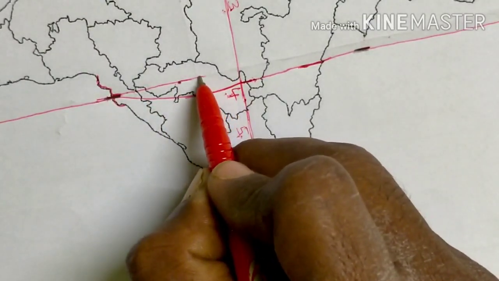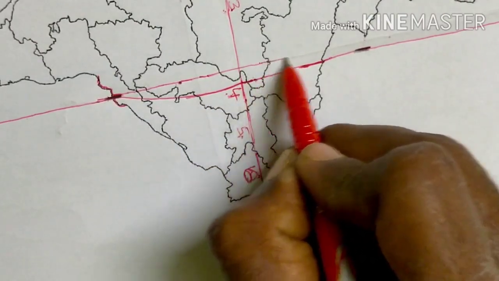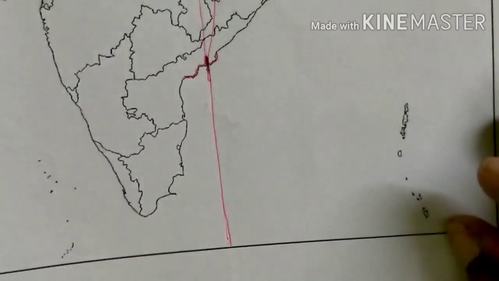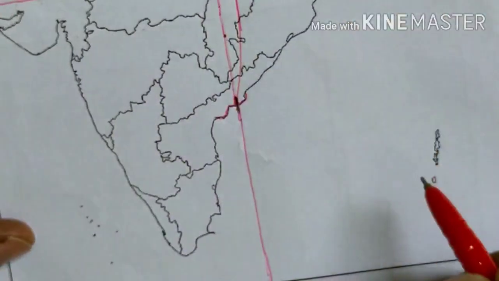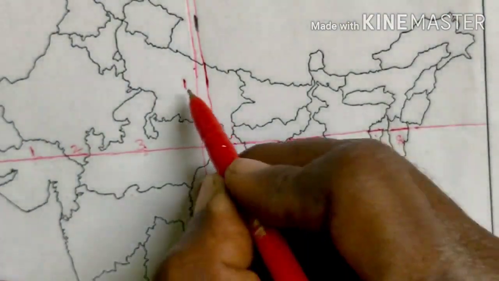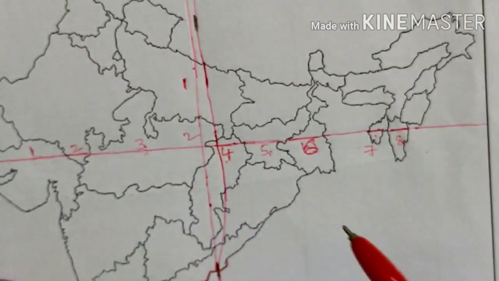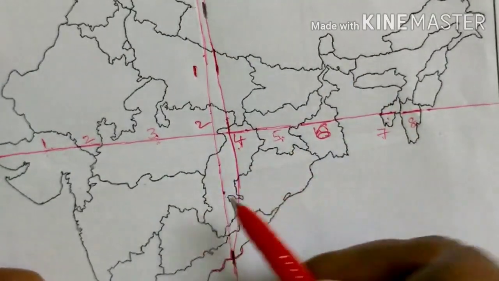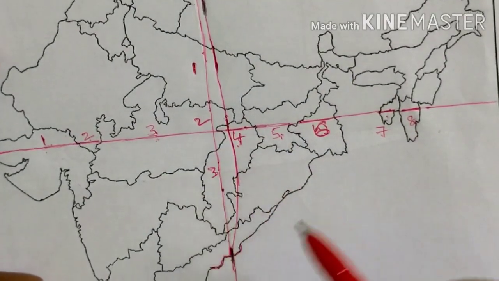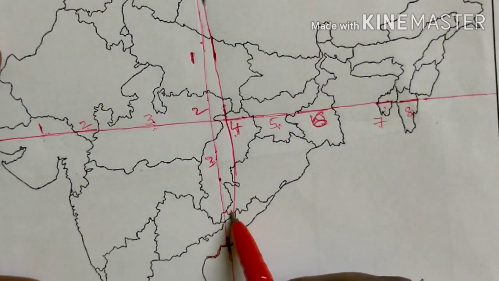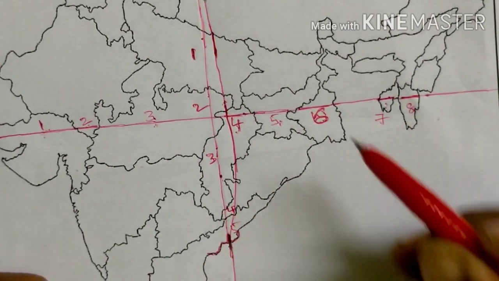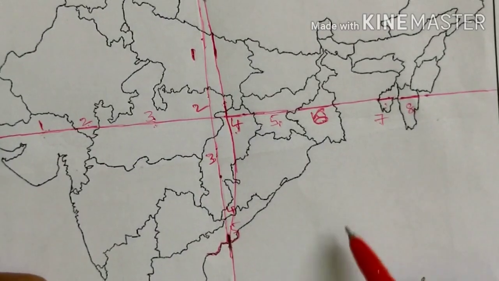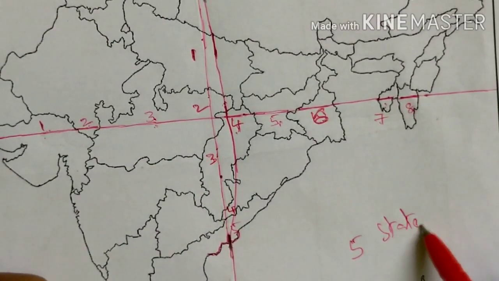First one Uttar Pradesh, second one Madhya Pradesh, third one Chhattisgarh, fourth one Orissa, fifth one Andhra Pradesh. So the Indian Standard Meridian passes through how many states? 5 states.